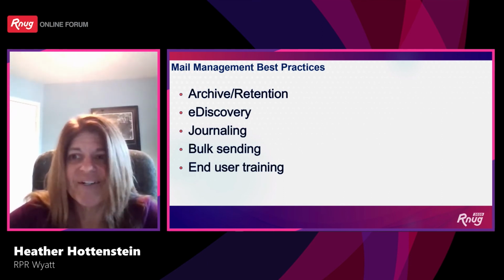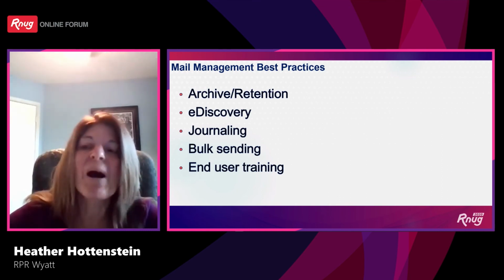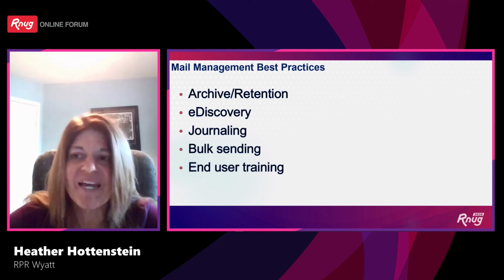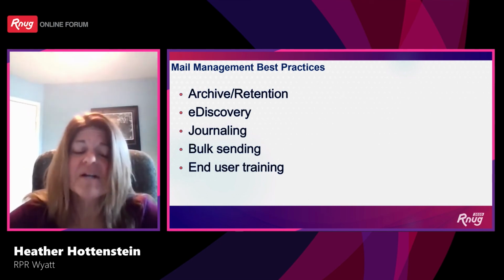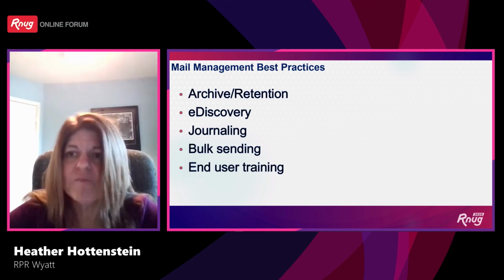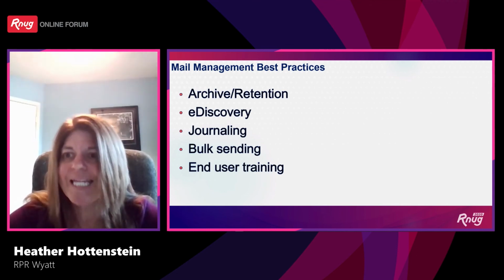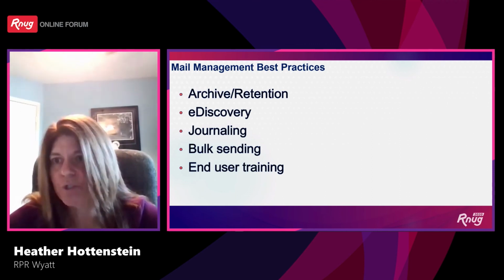Bulk sending, sales and marketing, they love to send emails to their clients. Well, the problem is when they're sending a large number of emails from your server and from your domain, very quickly gets you on a blacklist and people think of you as a spammer. So encourage your sales and marketing team, or any other groups in your organization that send externally a large number of documents, to use a third-party solution.